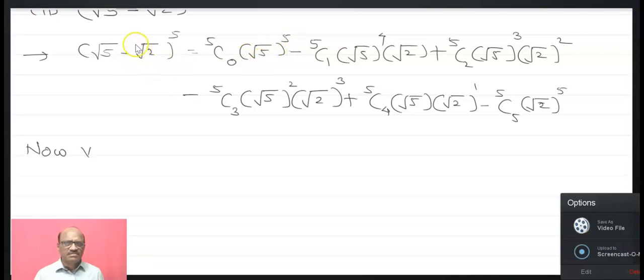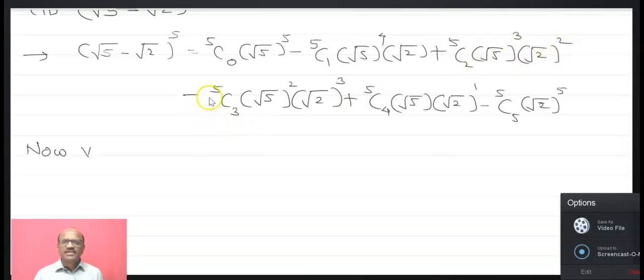Now whenever there is a plus minus sign, then we will get alternate plus minus in this way. Therefore the second term is again 5C1 root 5 raised to 4 root 2 raised to 1. 5C2 root 5 raised to 3 into root 2 bracket square.